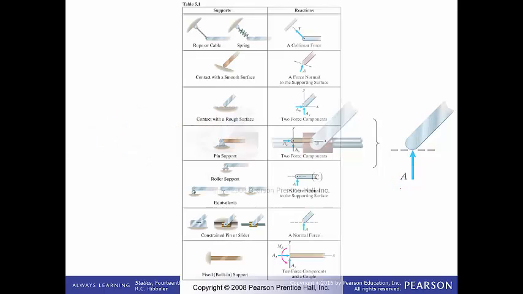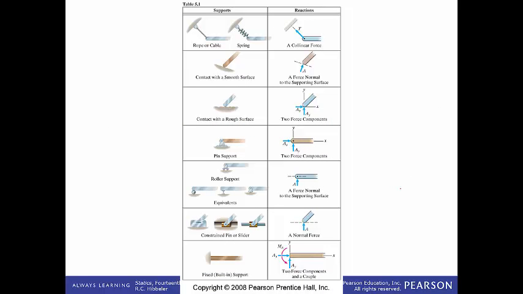I hope you're getting the hang of it. So this is a kind of summary of the supports. You have a rope or a cable. Of course, you have the tension here. If it's a contact, what you need to remember is that the force is perpendicular to the surface. So it's a normal force. Okay? Not normal to the object, but to the surface. Here, same thing. It's normal to the surface.